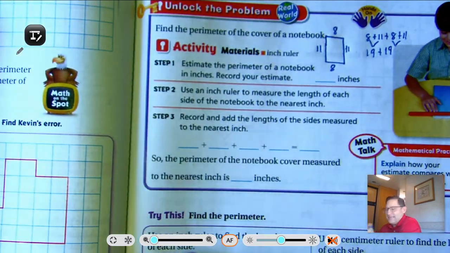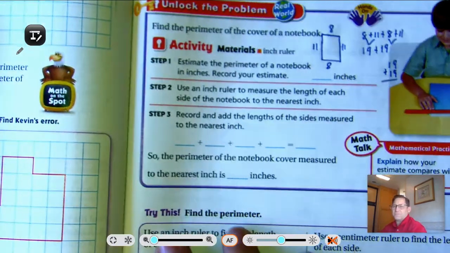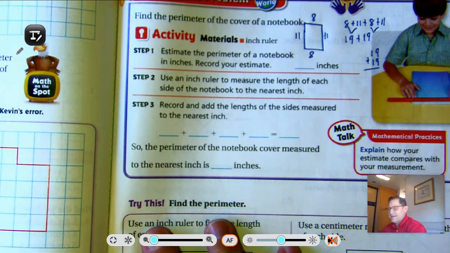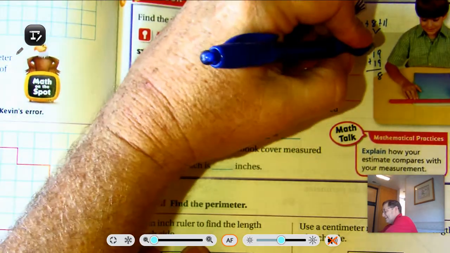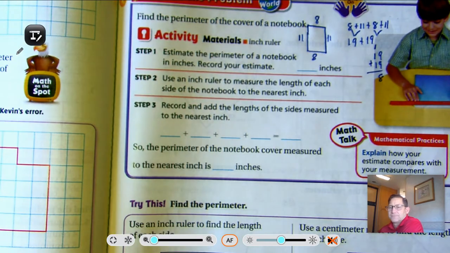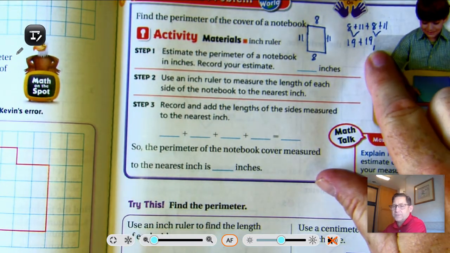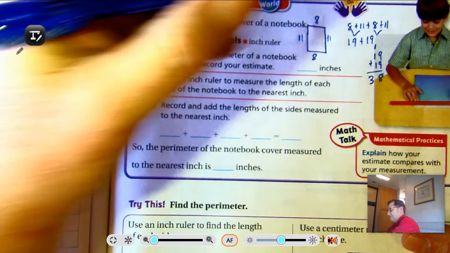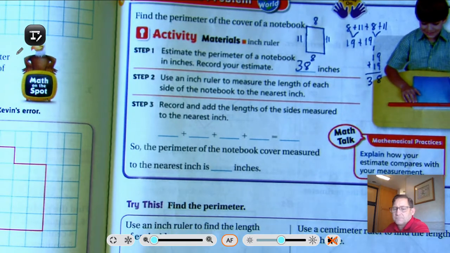So we have to add 19 plus 19 together. 9 and 9 is 18. We'll regroup that as 1 ten and 8 ones. And now we add our 2 tens plus the regrouped 10, which gives us 3 tens. So I'm saying my perimeter is about 38 inches.